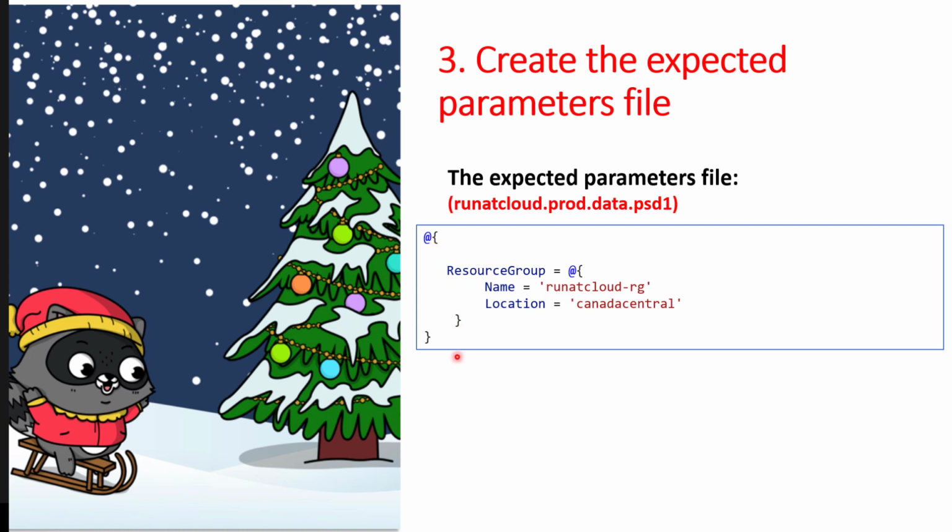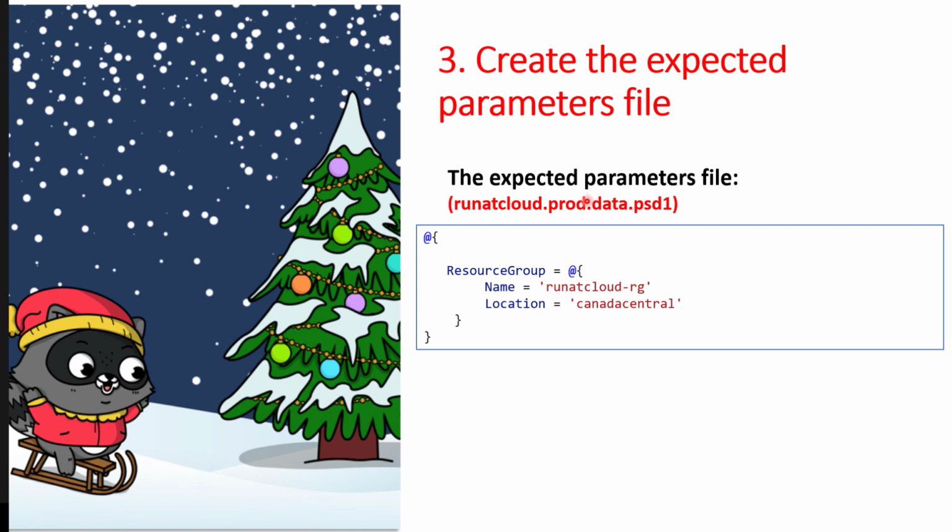And look at this. Inside of my PowerShell data file, which is of extension PSD1 for PowerShell data file, I have a section called resource group and key value pairs here. The name with the value, and location with the value.